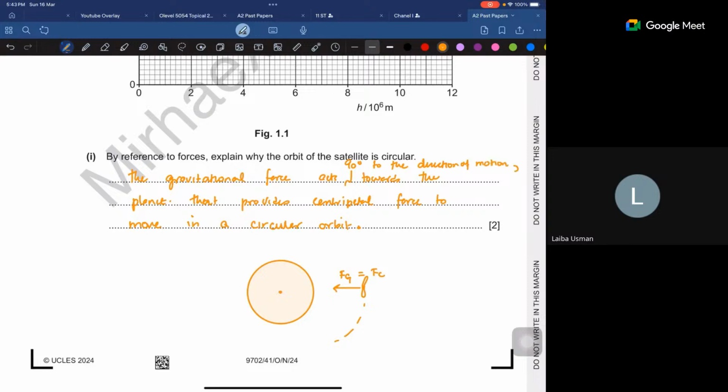This would actually work better because writing this helps us understand that the satellite is not a stationary object, and the force is acting like that. So that's important.